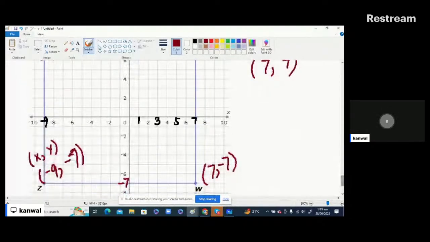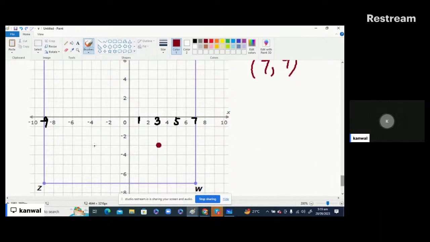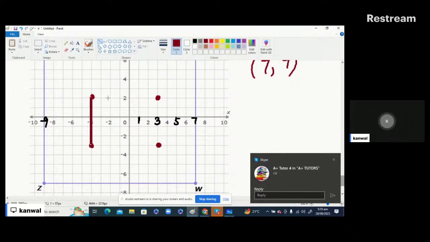How can we find it out over this table? Okay, if I'm going to draw here some points like this point and this one and this one and this one. Now, how can we solve it?